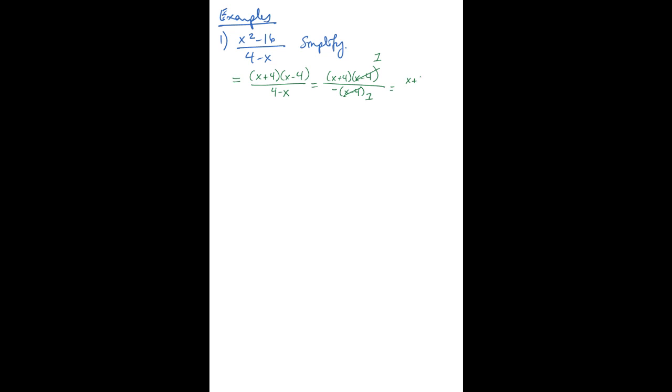So now we have x plus 4 over negative 1, or negative (x plus 4), which we could also write as negative x minus 4. Any of these are correct at this point. These are definitely simplified.